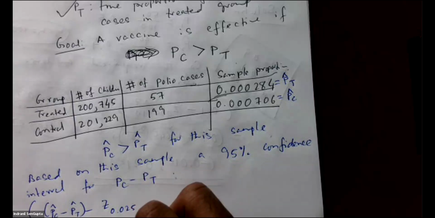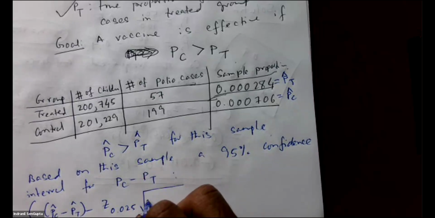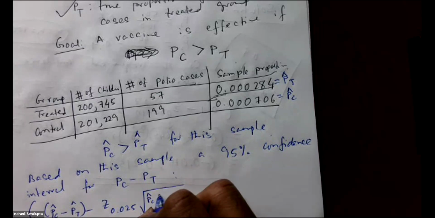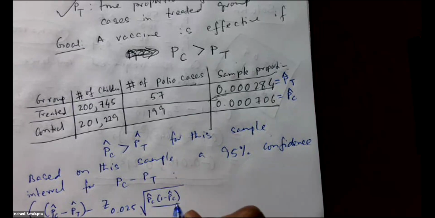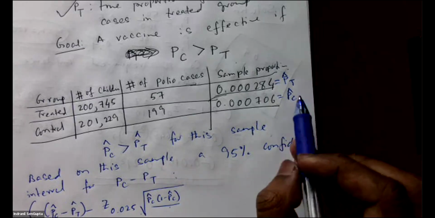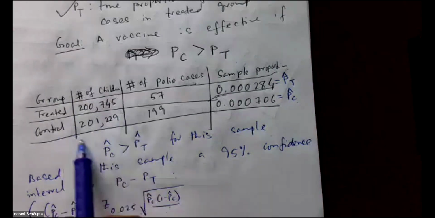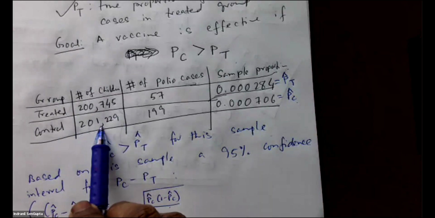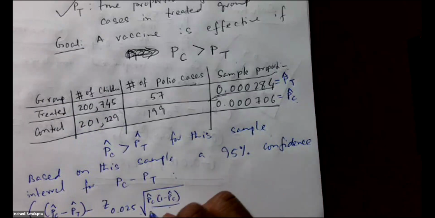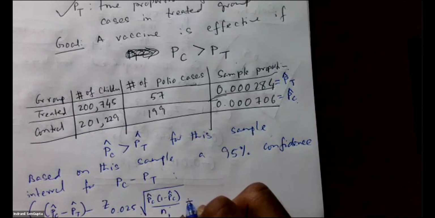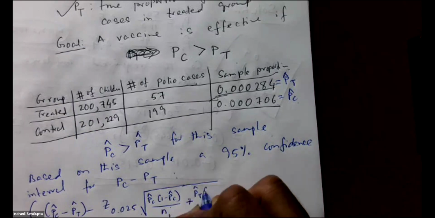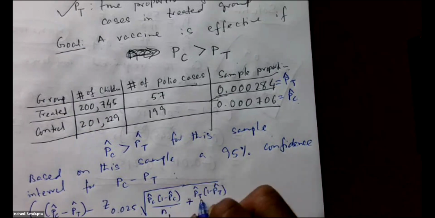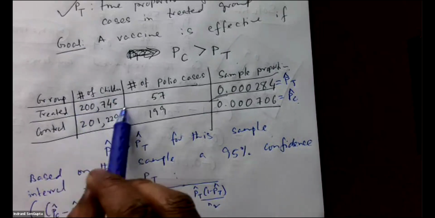And then we write it this way: PC hat times 1 minus PC hat over whatever sample size there is for PC hat. So how many samples are there? For PC hat, there are a total of 201,229. So it's my N1, plus PT hat times 1 minus PT hat over N2. And what is N2? N2 is this one.